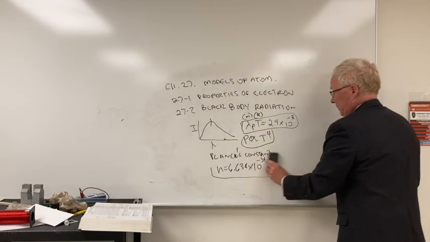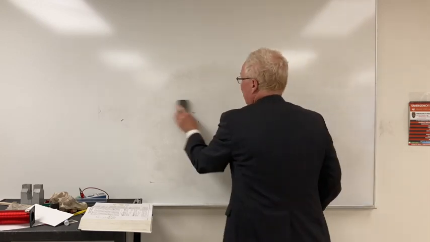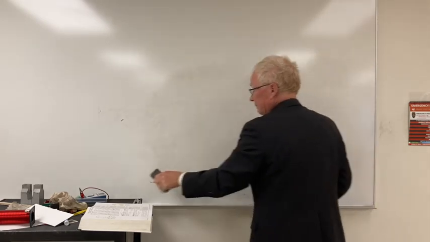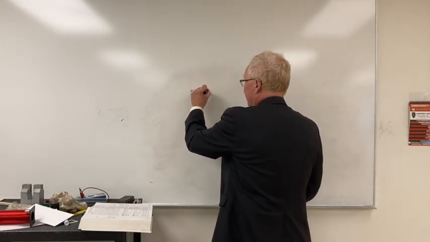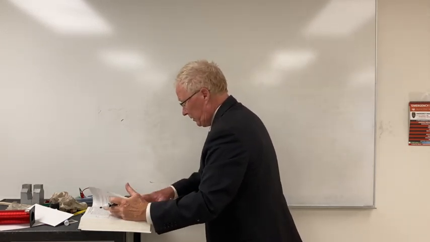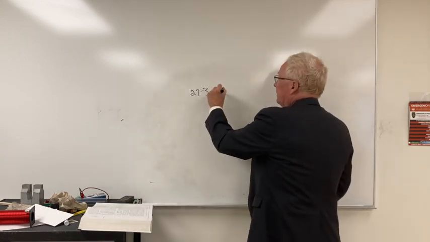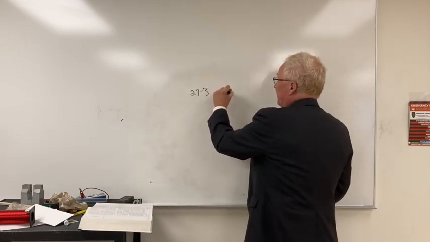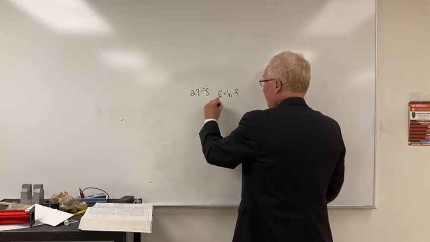All right, moving on. We already talked about 27.3, which is again talking about energy being h times the frequency, and this deals with the photoelectric effect.